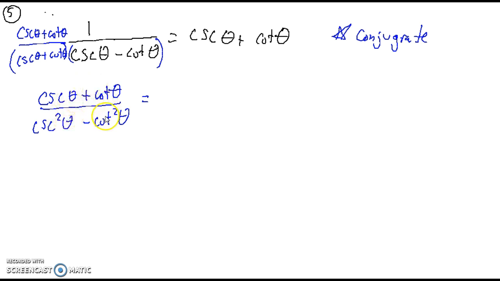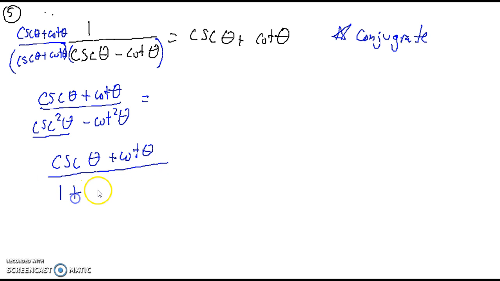So at this point, I want to try to manipulate one and the other. So I'm going to remove the cosecant squared of theta. I'm going to use a Pythagorean identity, and I'm going to rewrite it as 1 plus the cotangent squared of theta. So the reason why I'm doing that is because I noticed that what I want was a positive cosecant of theta and a positive cotangent of theta.